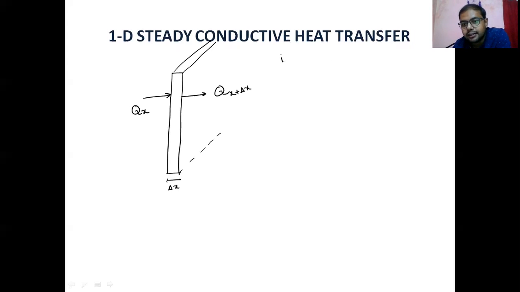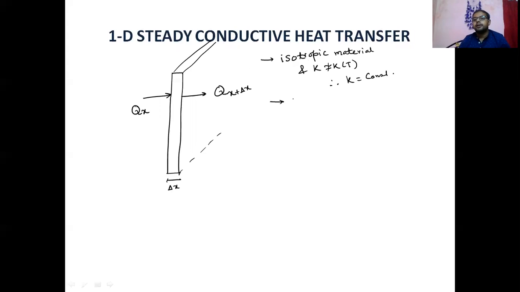What are the assumptions? Again, we recap. Isotropic material. The variation of k with respect to temperature is very small, so k is a constant. That is the first assumption.